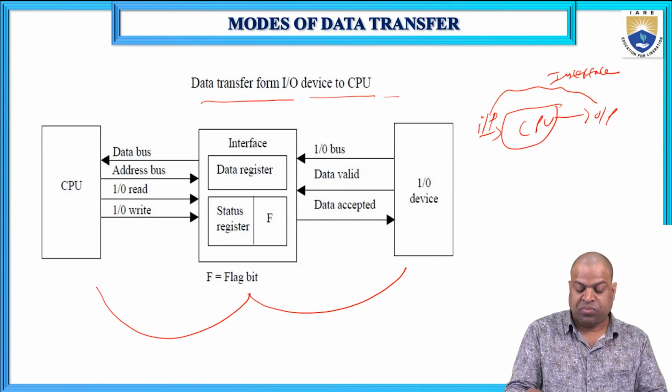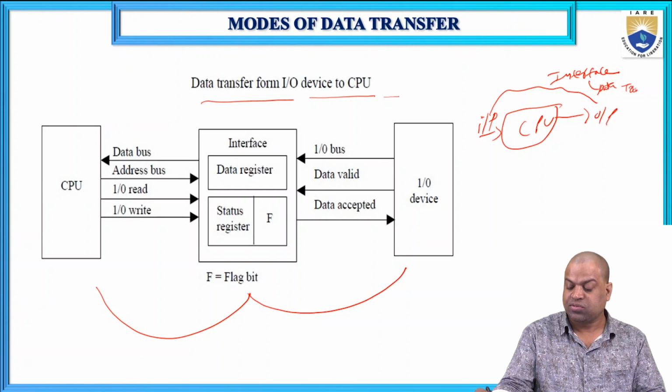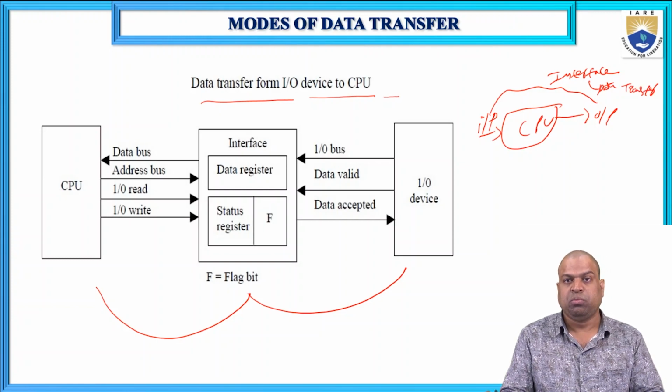So what is the use of interface? First, we are going for the data transfer, that is, data transfer between the input to output through the CPU. So what is the interface? It means the interconnection between the input output through the CPU is the interfacing to the CPU.